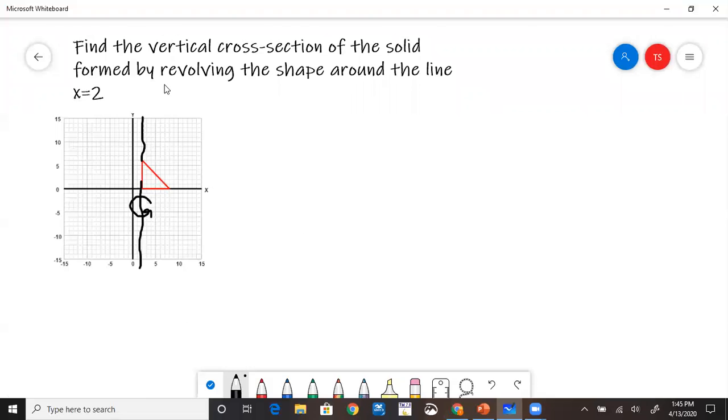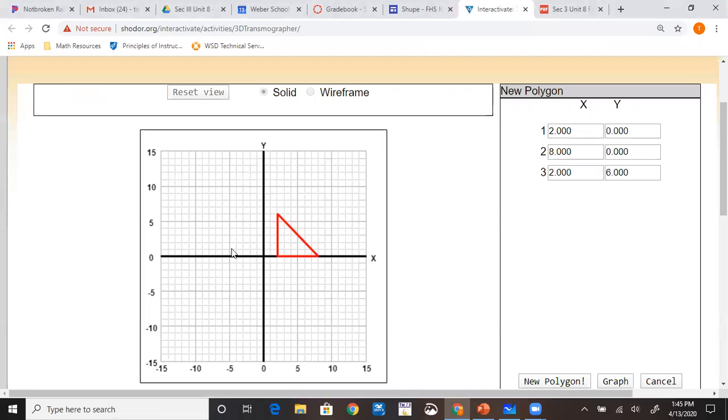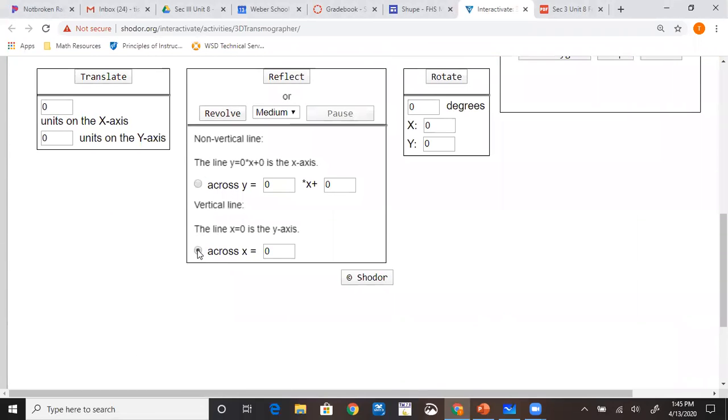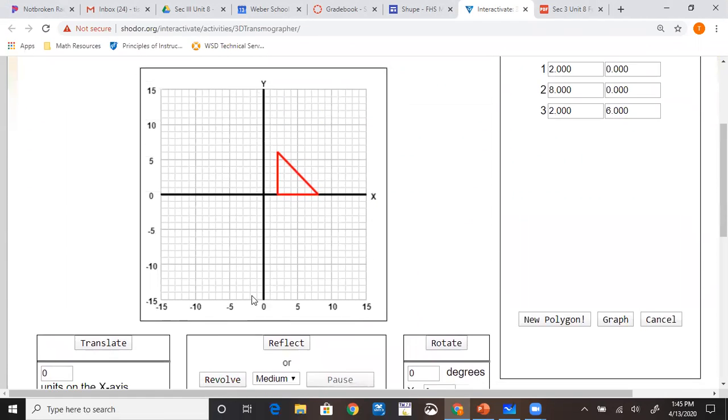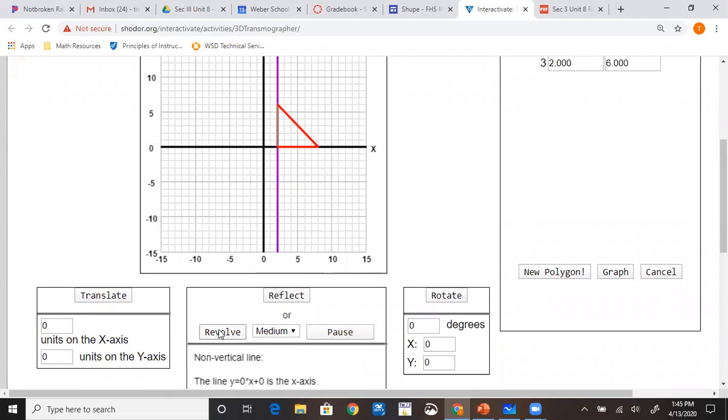So we wanted to be able to revolve around the line x is equal to 2. So if I scroll down to the bottom here and select across x equals, I'm going to get rid of the 0 here, put in a 2, and just make sure that that circle is filled in next to that. I'm going to come up and hit revolve.